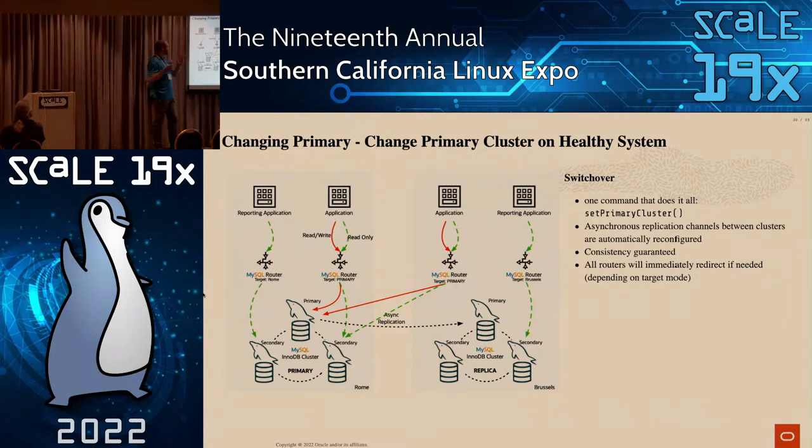We want to keep it lightweight. And the way you configure router for these modes and other settings that we're having is you do it through Shell. You just say, this router needs to change its target mode right now. What happens is Shell updates the metadata here, router will know, oh, my target mode has changed, and it will change the way it behaves.